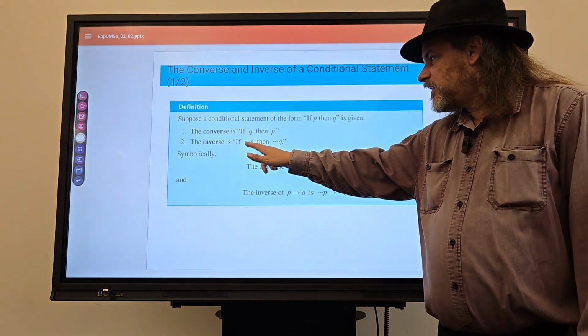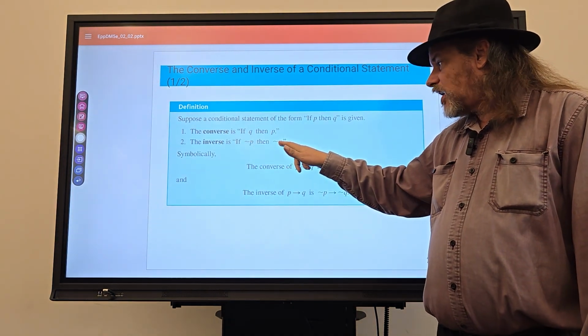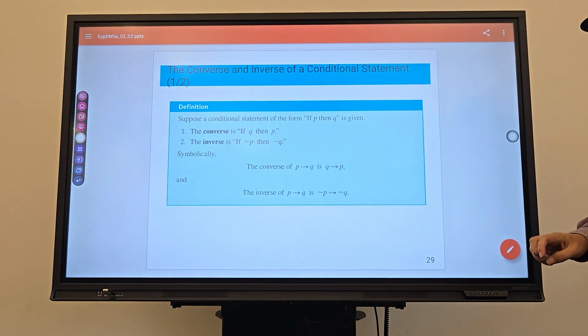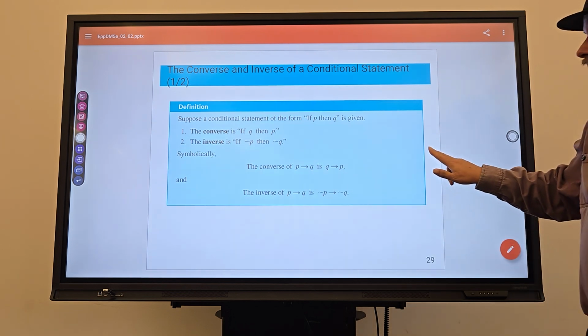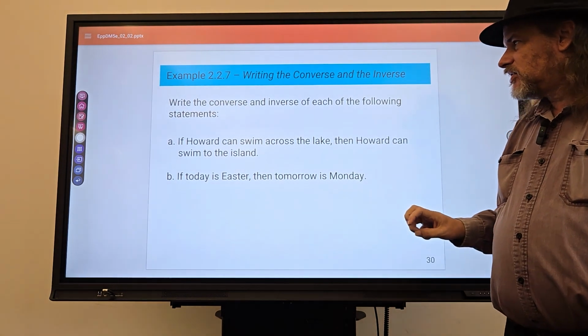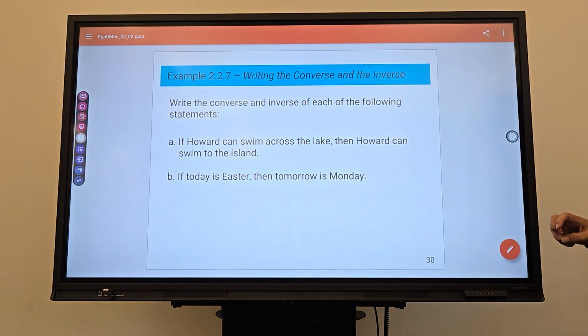So if not P, then not Q is the inverse of P implies Q. Note that these two are not logically equivalent to the original statement.